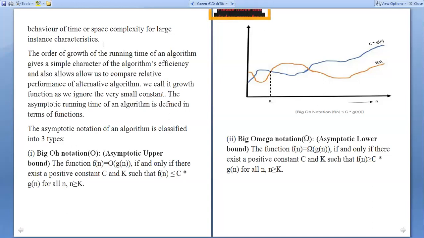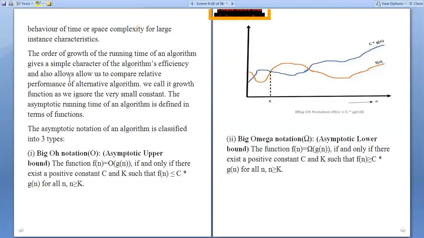Space means the memory needed for a particular algorithm. These two need to be considered. From this, we can say the efficiency or the performance of the algorithm. So the order of growth of the running time of an algorithm gives a simple characterization of the algorithm's efficiency.